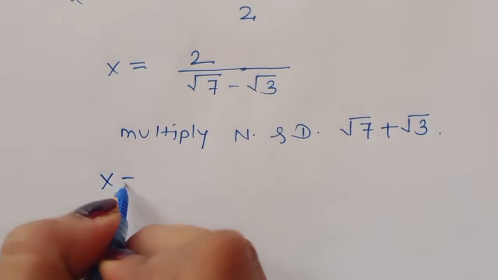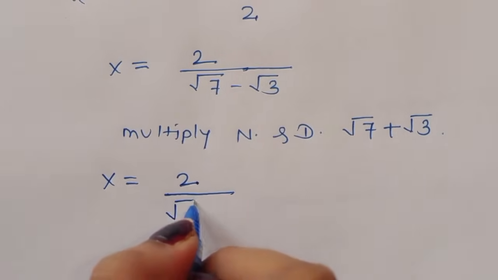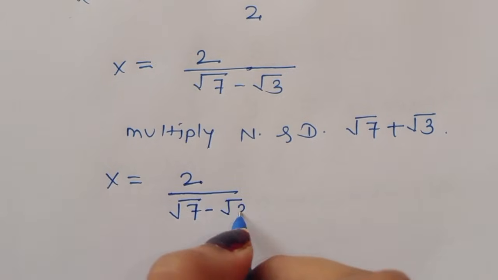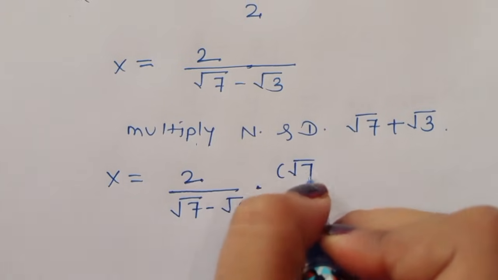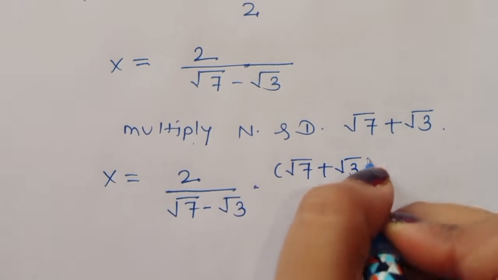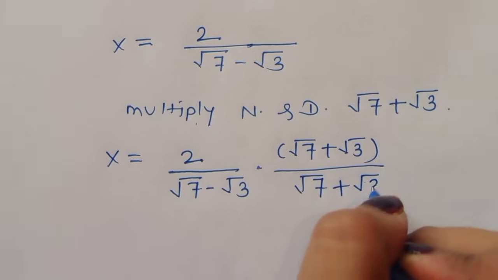Then x is equal to 2 upon square root of 7 minus square root of 3 times, because we have to multiply, square root of 7 plus square root of 3 upon square root of 7 plus square root of 3, right?